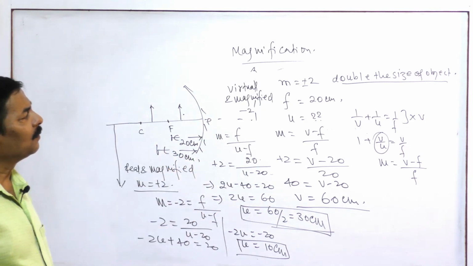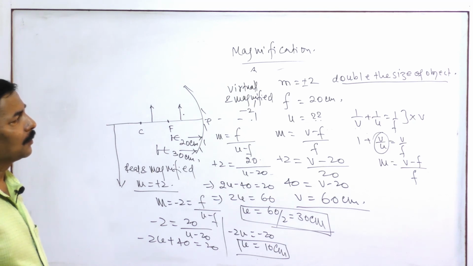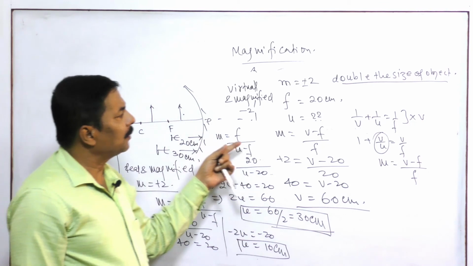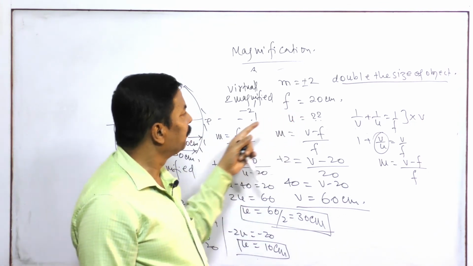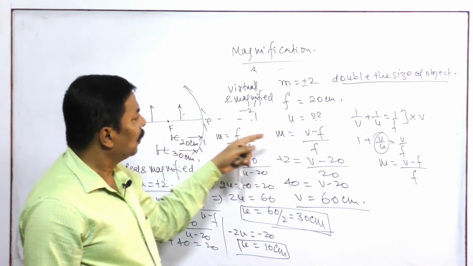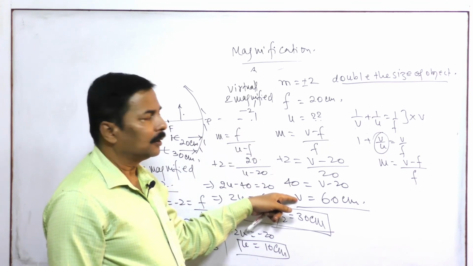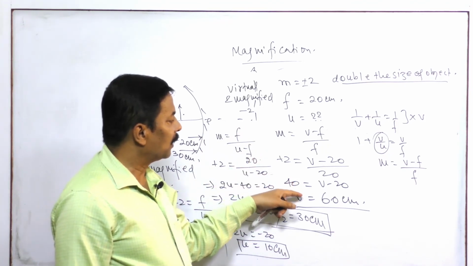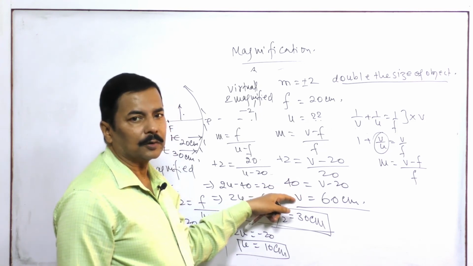This is the way we can use the magnification formula and easily find the position. This question can also be framed as find the image position. As we have calculated the object position, in the same way we can find the image position also.